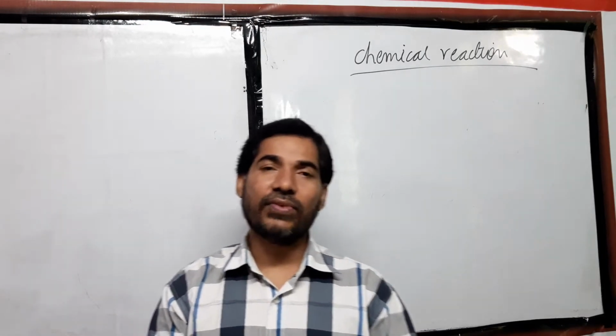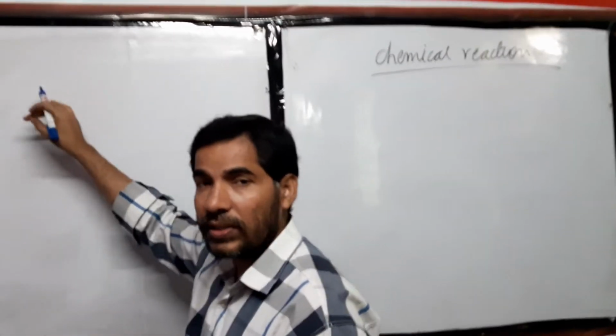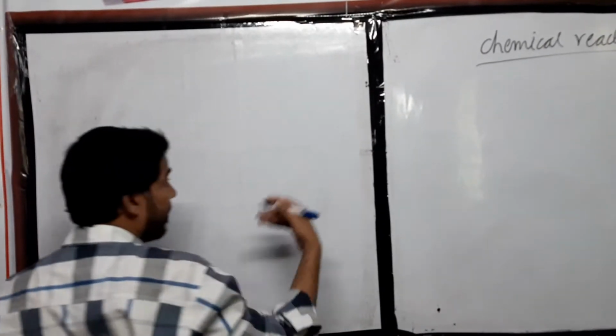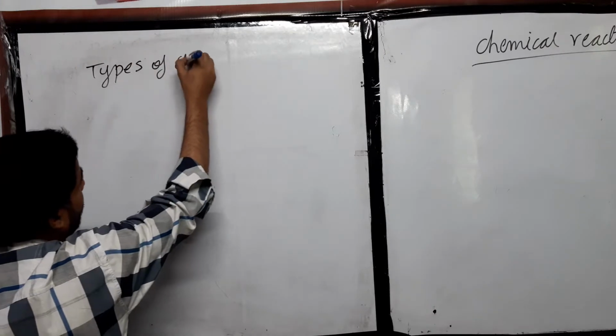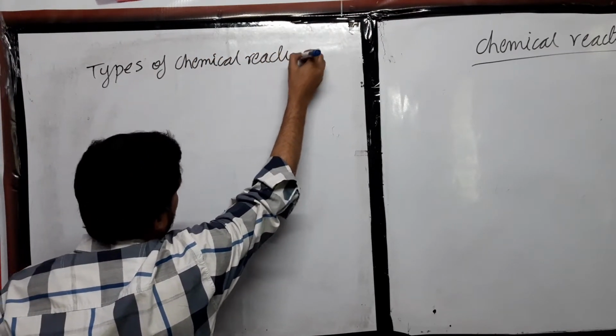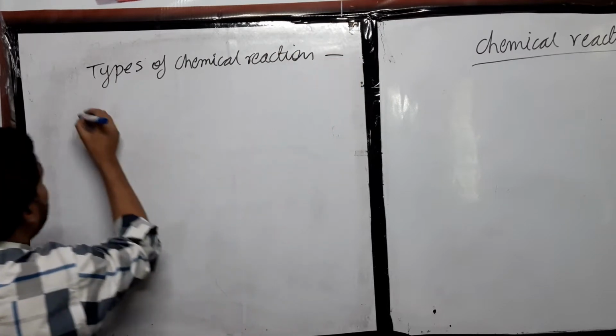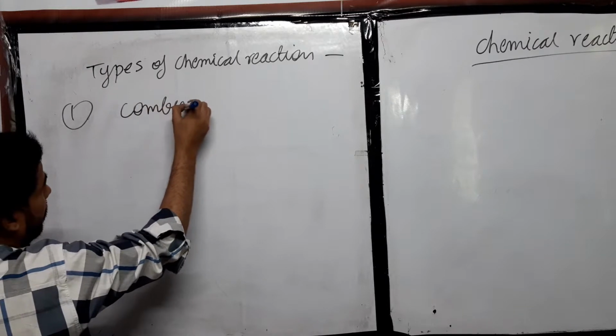So these are the different types of chemical reaction. I am going to write the names of all the types of chemical reactions here, and after that I will discuss them. Types of chemical reaction. Number 1, combination reaction.